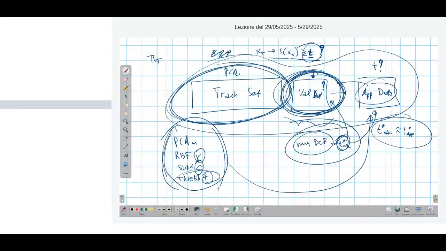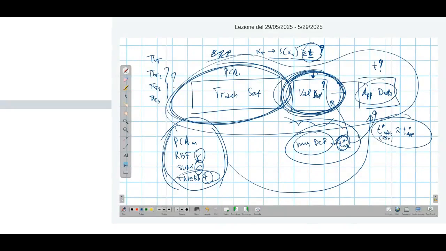Second problem, what if I change the application? What should I do every time I change the application? We should find again the optimal threshold.